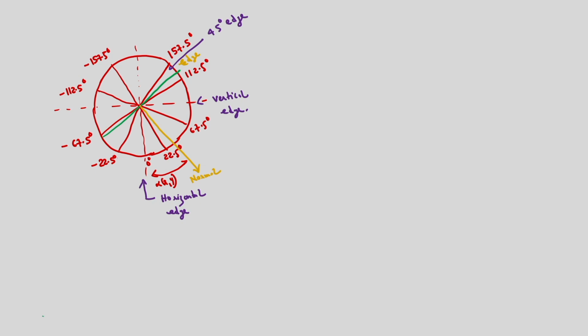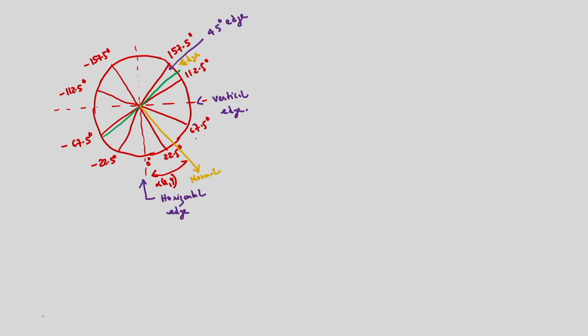You can see here I am only considering 4 directions by defining range. That means quantization of all possible edge directions into 4 directions by defining the range. I am not considering all the directions to find the neighborhood pixels. The range is from 0 to 22.5 degree, that is one range, and from 22.5 to 67.5 degree, that is another range.